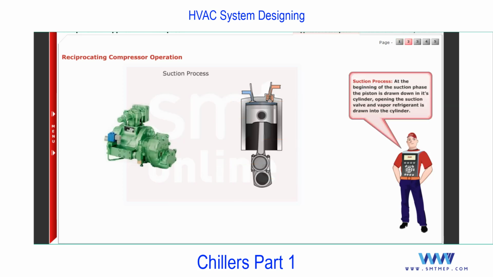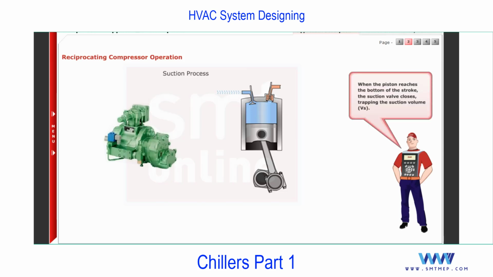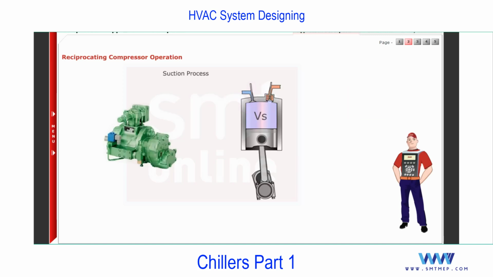Suction process. At the beginning of the suction phase, the piston is drawn down in its cylinder, opening the suction valve, and vapor refrigerant is drawn into the cylinder. When the piston reaches the bottom of the stroke, the suction valve closes, trapping the suction volume.